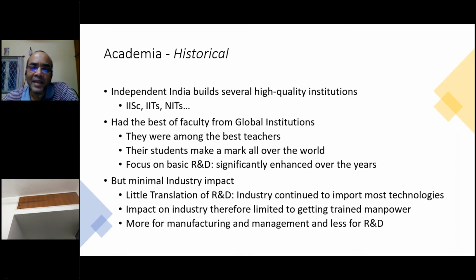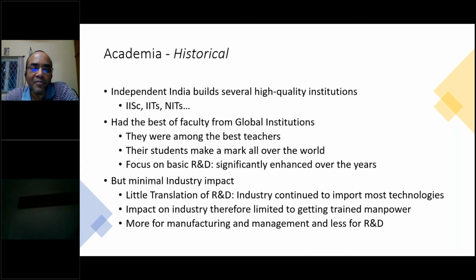But there's been very minimal industry impact, I should say, across the country from what kind of impact the academia has had in the industry. If you ask that question, the answer is there's bits and patches. You see some activities going on here and there, but it is not something that we can all be proud of. It's certainly an area where there's been little translation of R&D into the industry. The industry primarily has all along been more focused on getting a technology transfer or license and doing the manufacturing.